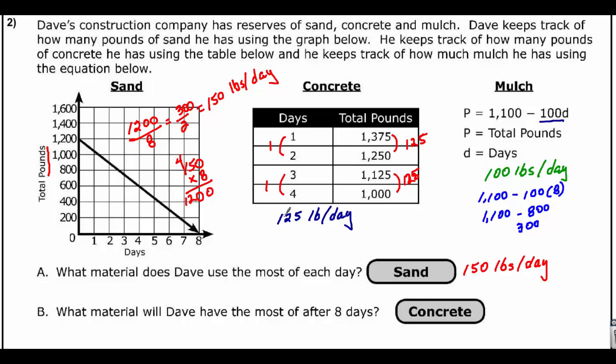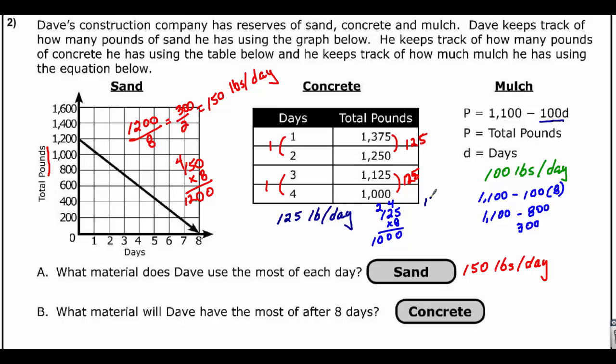Over here, you're taking away 125 pounds a day. So if you did 125 times 8 days, 8 times 5, 40, 8 times 2 is 16, and 4 makes 20, 8 times 1 is 8, and 2 makes 10. You're going to take 1,000 pounds away from 1,375.